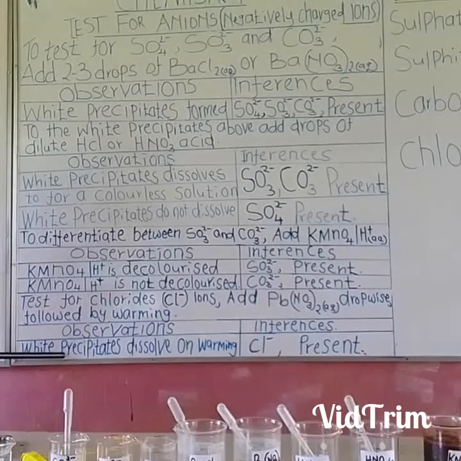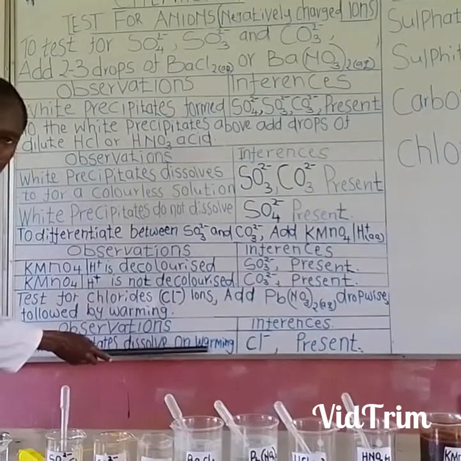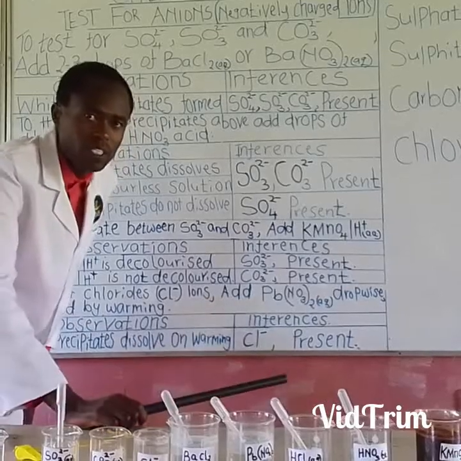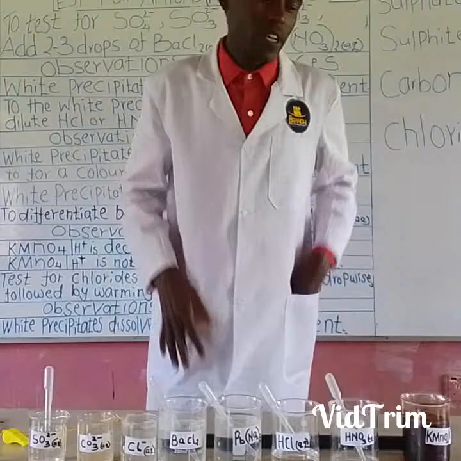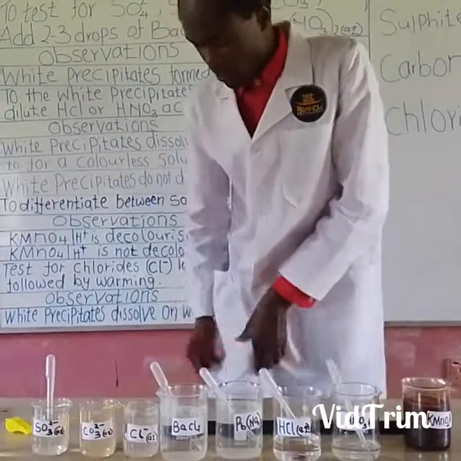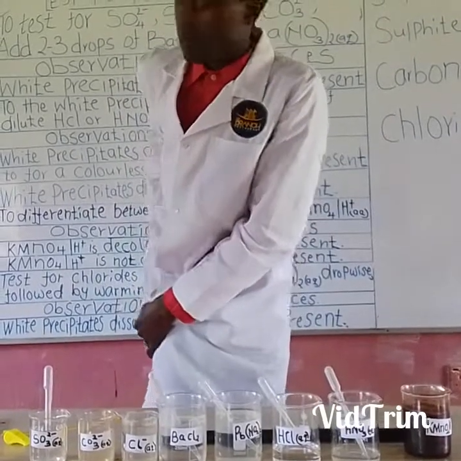Then on the observation, if the white precipitate dissolves on warming, then in the inference we say chloride ions present. Okay, let me put on the flame of the Bunsen burner first before we continue.